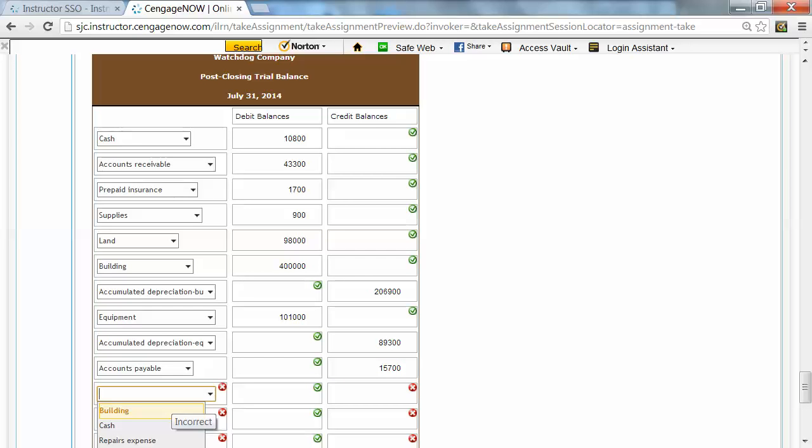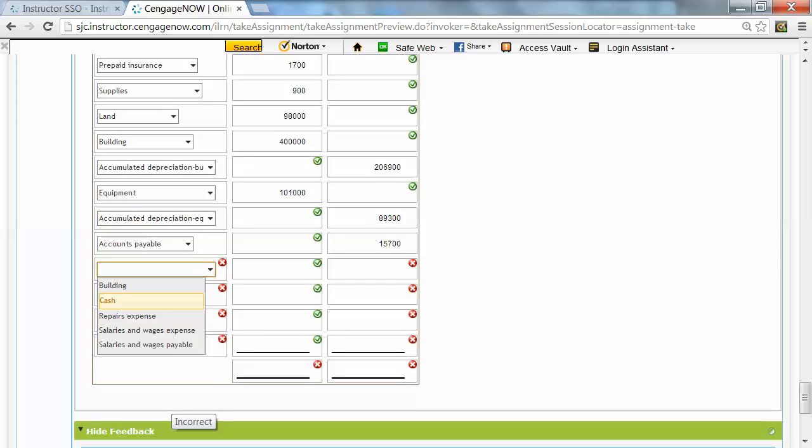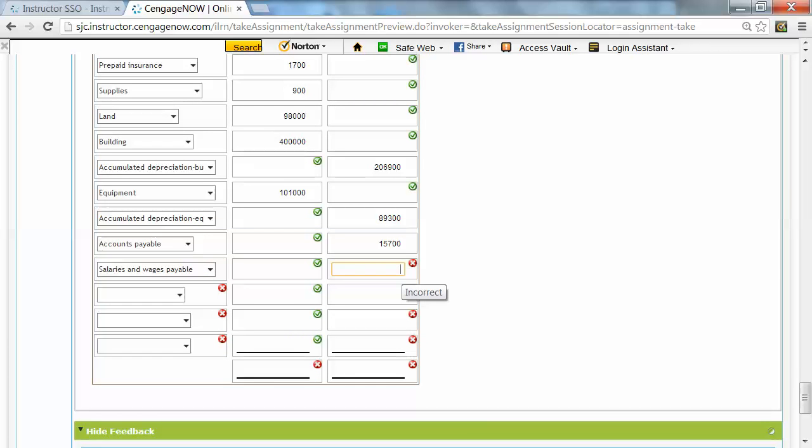Our salaries and wages payable is $1,800. Unearned rent is $1,100.